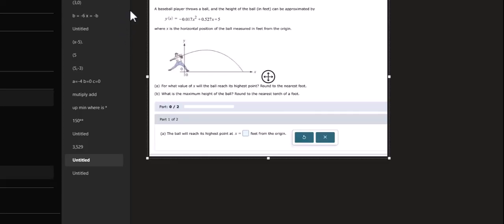So minus b, minus 0.527 over 2 times negative 0.017.